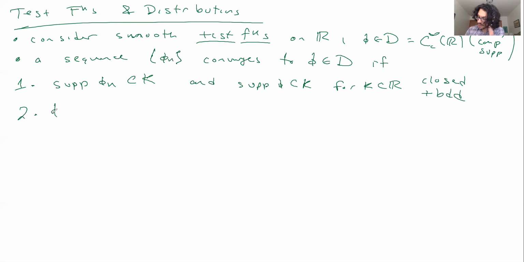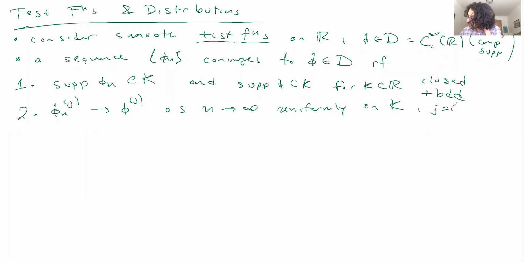And second of all, the jth derivative of phi n converges to the jth derivative of phi. That's what those are. As n goes to infinity, uniformly on K. All right. So essentially, j equals 0, 1, 2, 3, and so on.